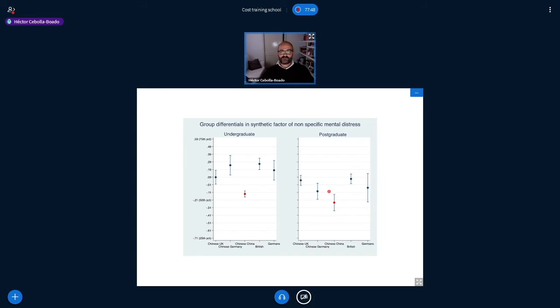So there's evidence to say that Chinese migrants are more distressed than their peers who did not migrate. But it's also true that British and Chinese in the UK are similarly distressed, and Germans and Chinese in Germany are similarly distressed. So there's probably a lot of convergence, no?